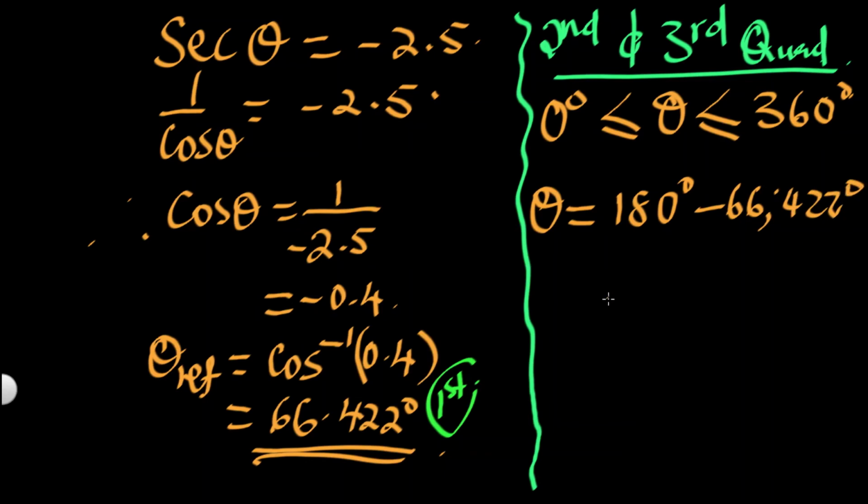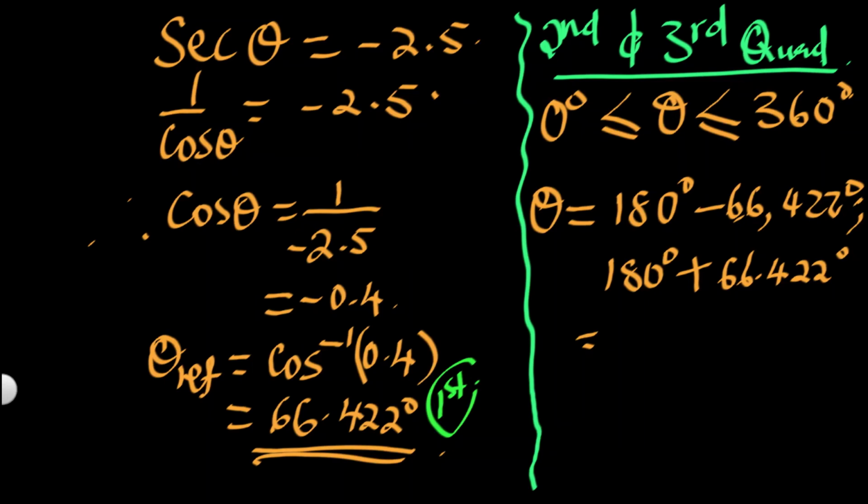Then the other theta, or the other answer, is in the third quadrant, where we said it will be 180 degrees plus 66.422 degrees. I only have two answers here because of my range.